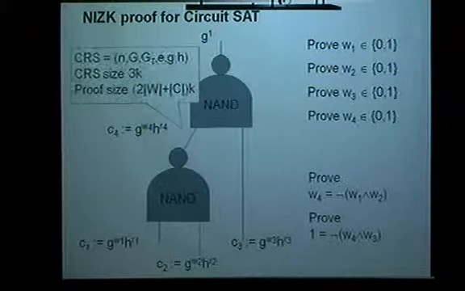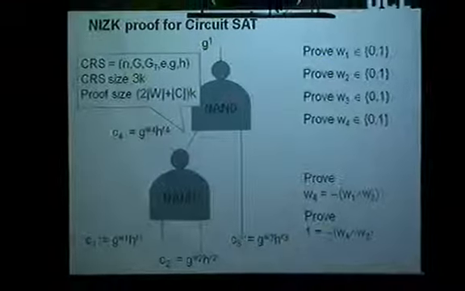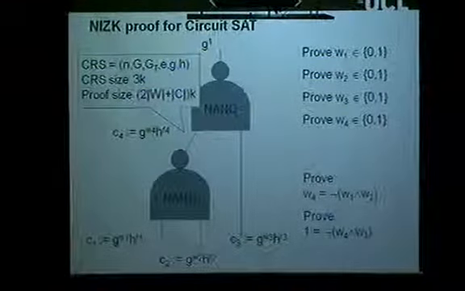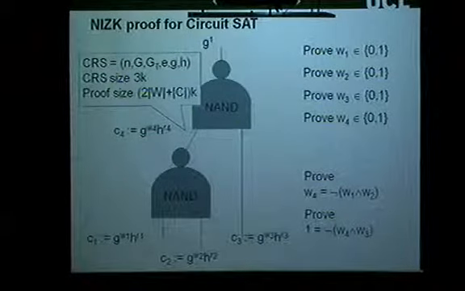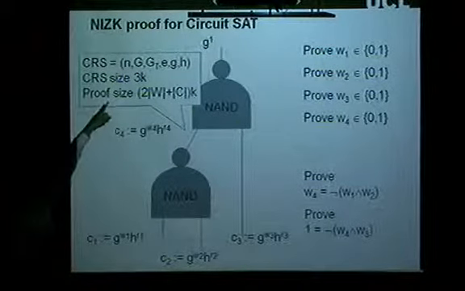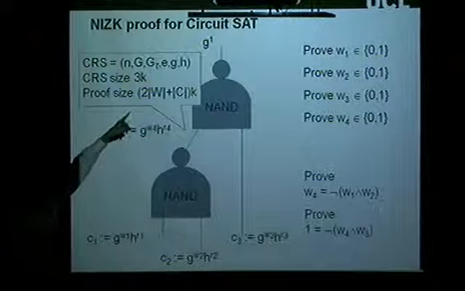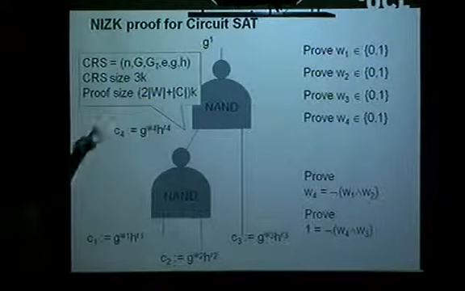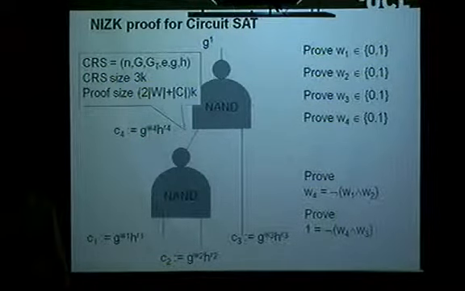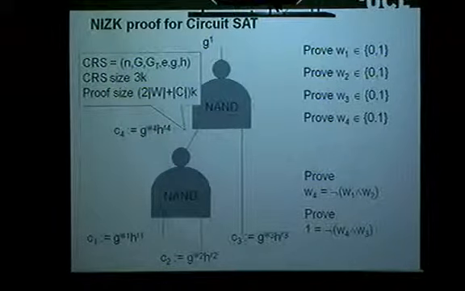And the complexity we end up with is, well, we have a common reference string, which basically is a key for this BGN commitment scheme. So we'll have to specify the modulus n, the rest can be deduced from that, and then it has to specify g and h. So we're talking about 2 group elements and a modulus, something like 3k, if k is the length of the modulus. So that's a very short common reference string.